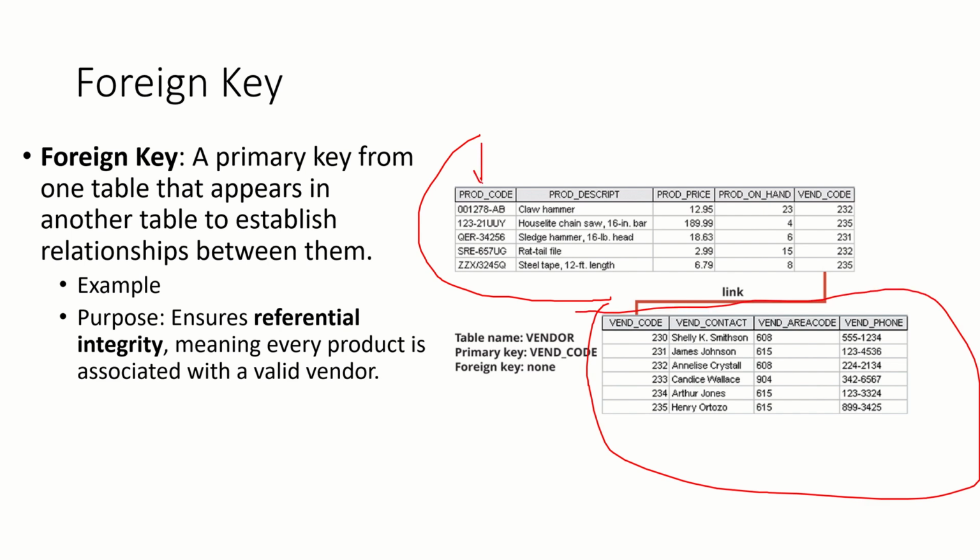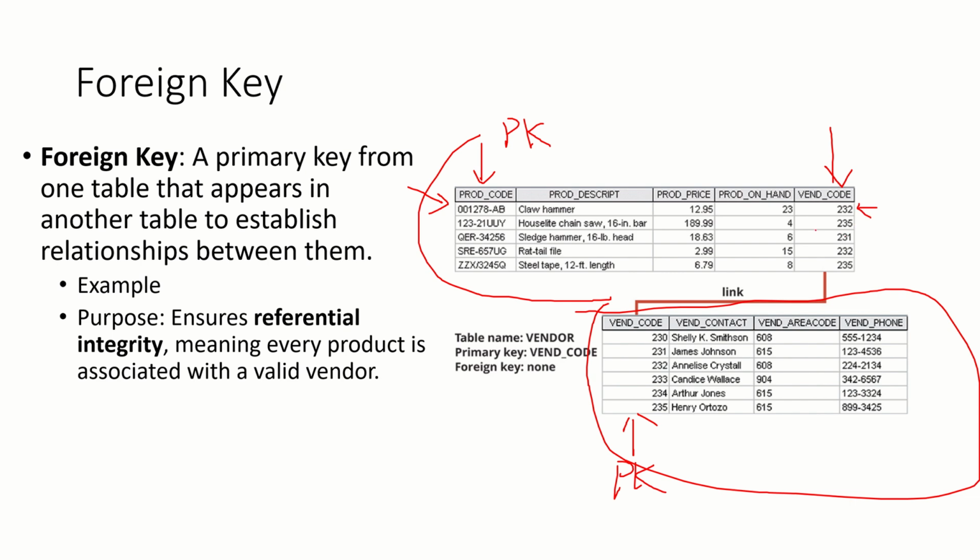We consider product code the primary key for this table, and this other table's primary key is vendor code. When you link these two tables with, for example, product code, you can tell which vendor would be for this product.